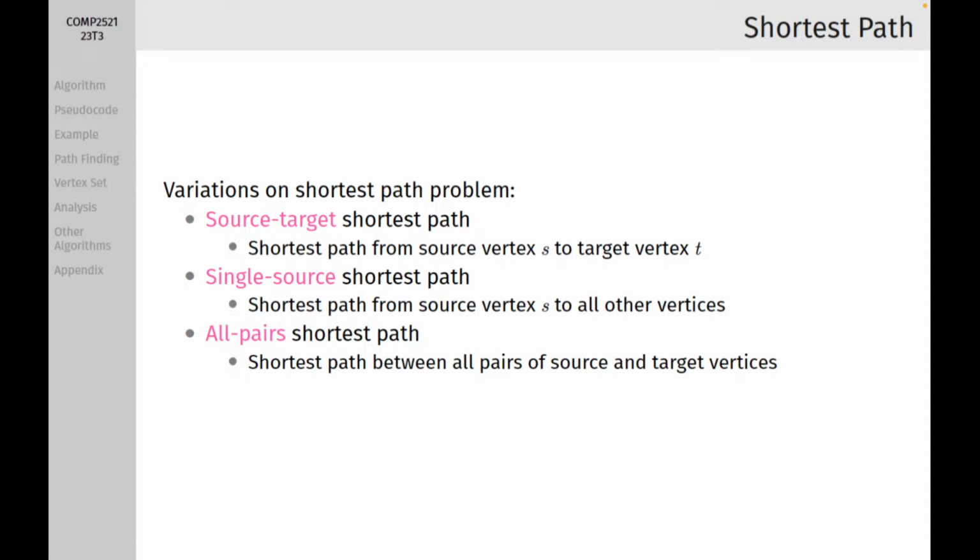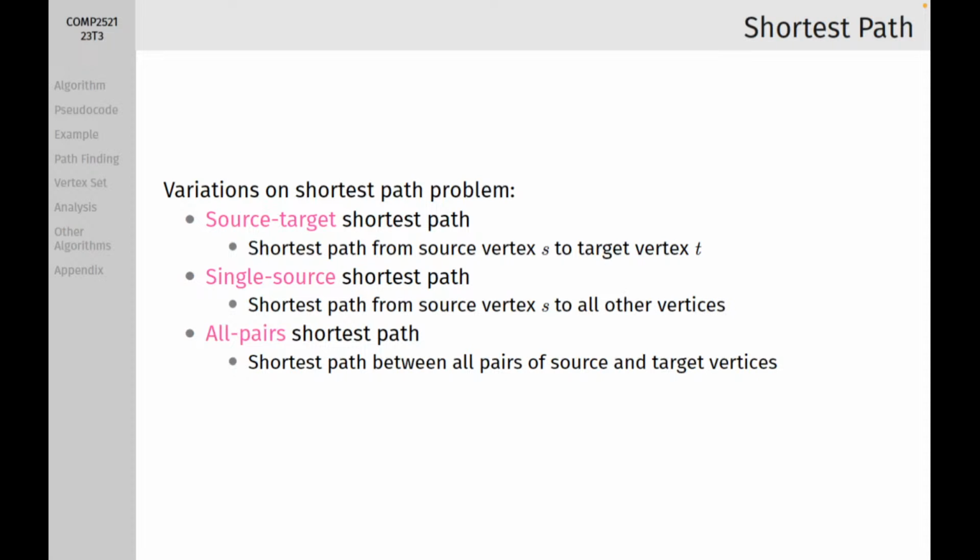So there are a few different shortest path problems. For example, there is the source-target shortest path problem. In some cases, you'll be given a starting vertex and an ending vertex, and you just want to find the shortest path between them.